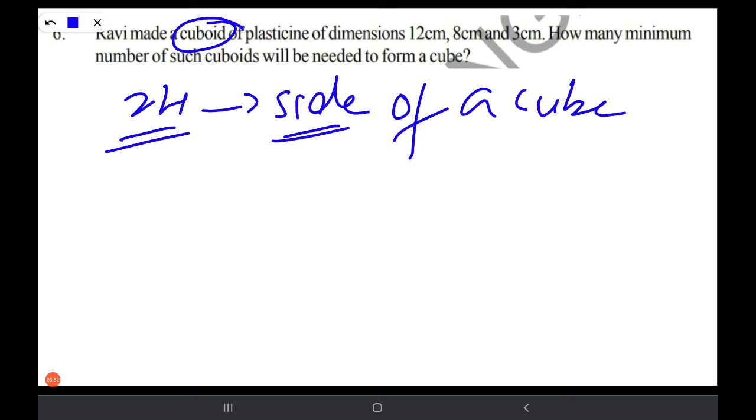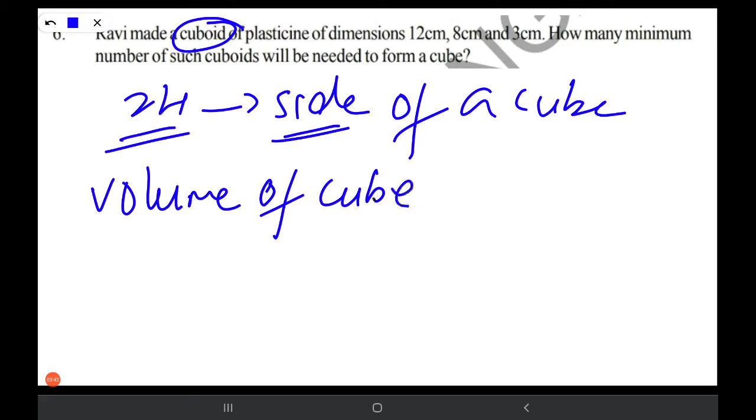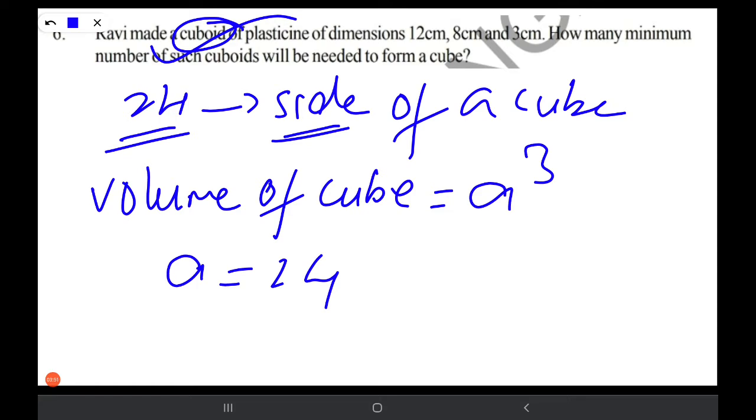In a cube, all the three sides or three dimensions are equal. So the volume of the cube which is made by the cuboids is equal to a cube. The value of a we have is 24. So 24 into 24 into 24 is the volume of the cube.